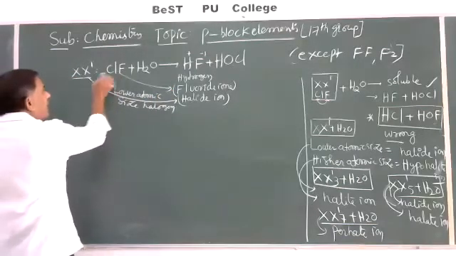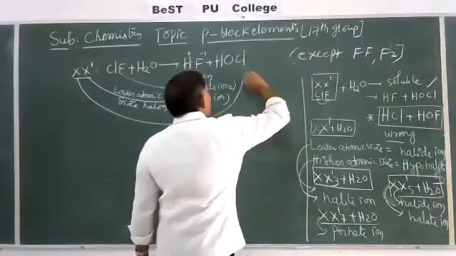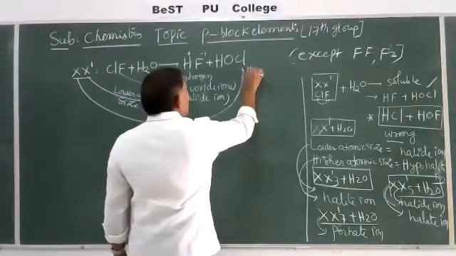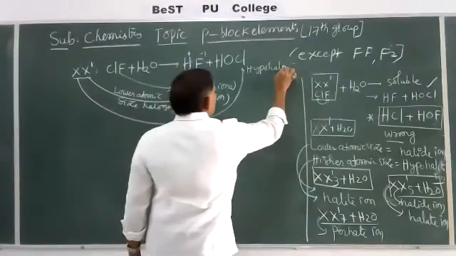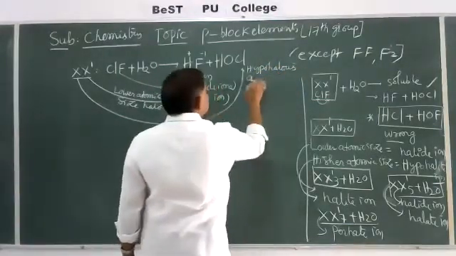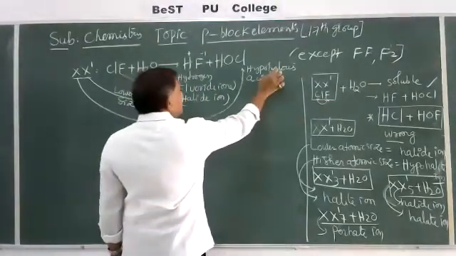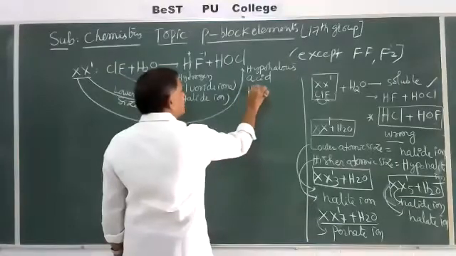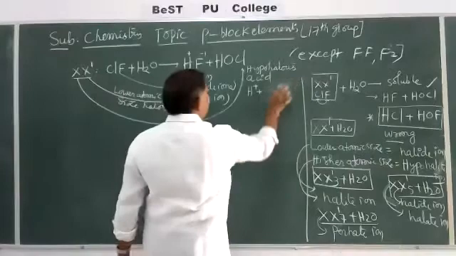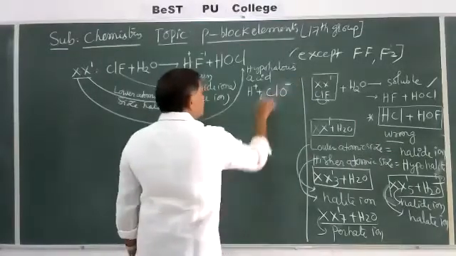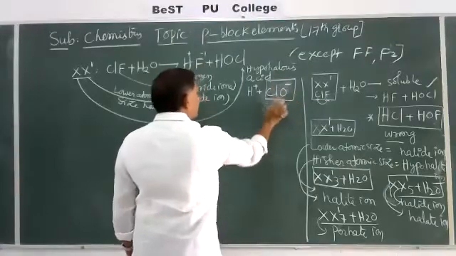But the higher atomic number halogen atom gives you hypohalous acid. This hypohalous acid ionizes, it gives H plus plus OCl minus, like ClO minus.